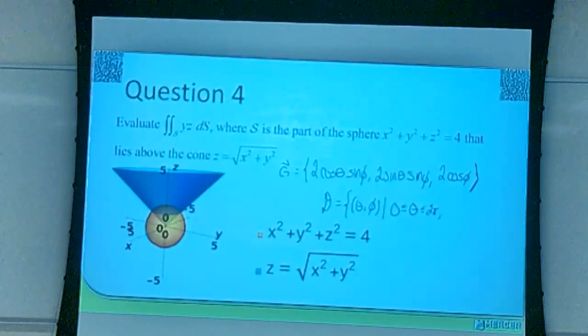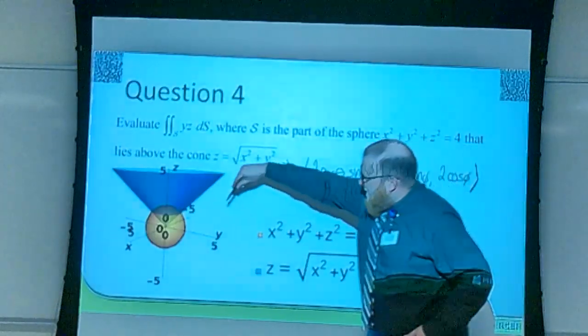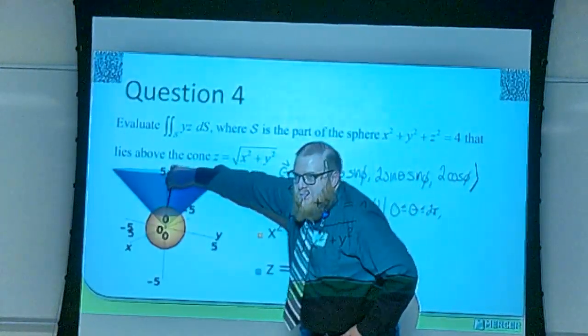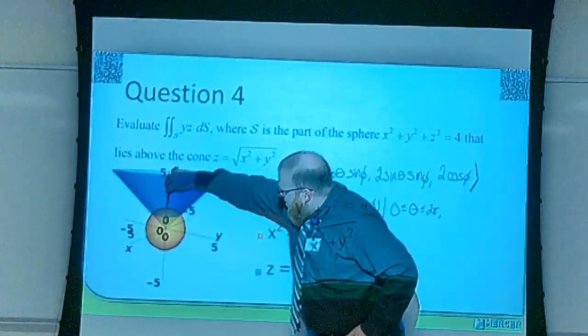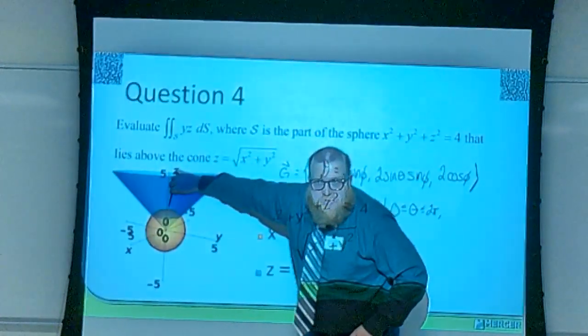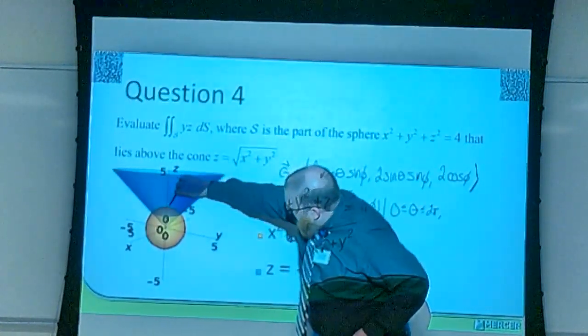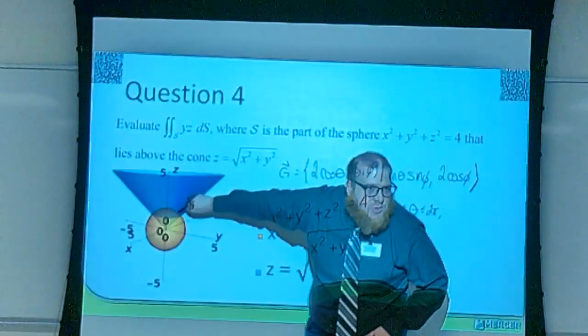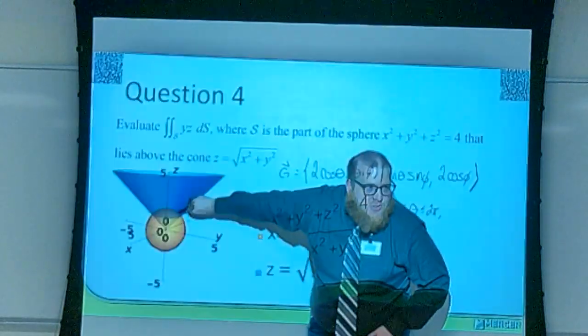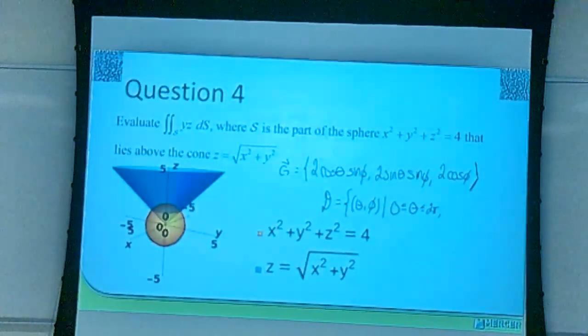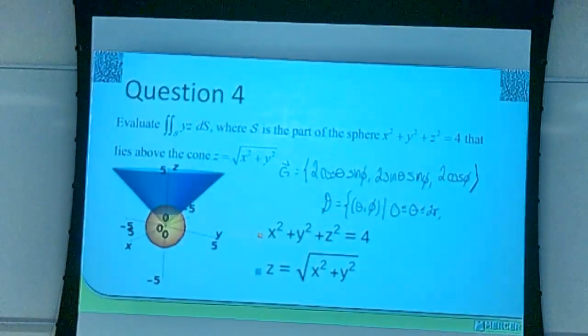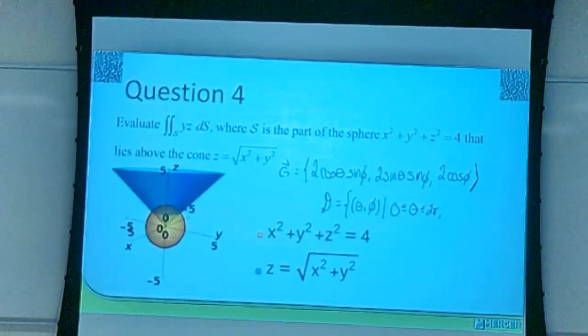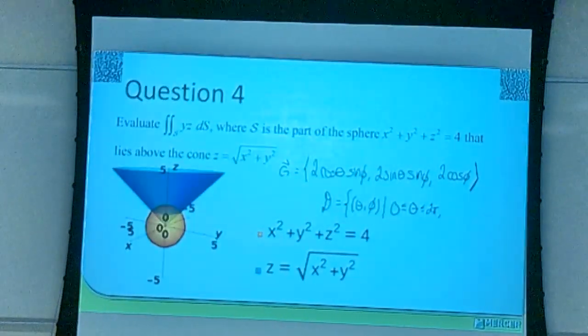Phi, on the other hand, measures declination. So start at 0, but it declines only to where the sphere intersects the cone. It's right about there.